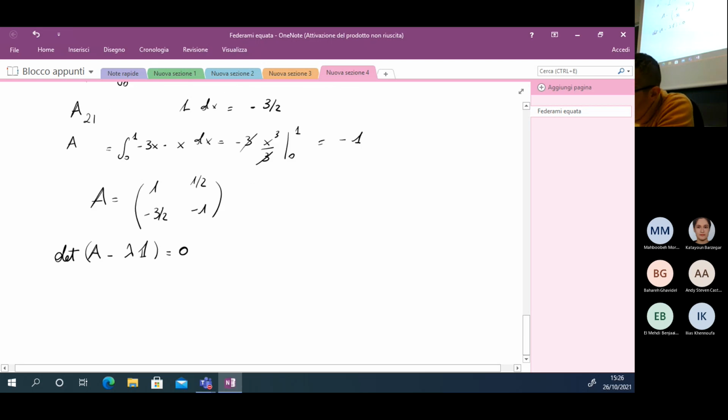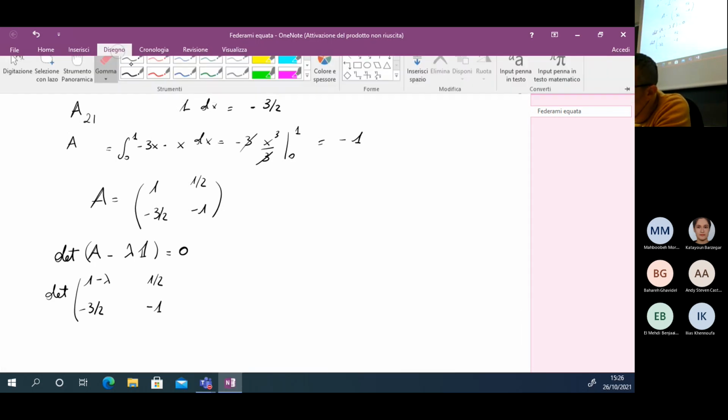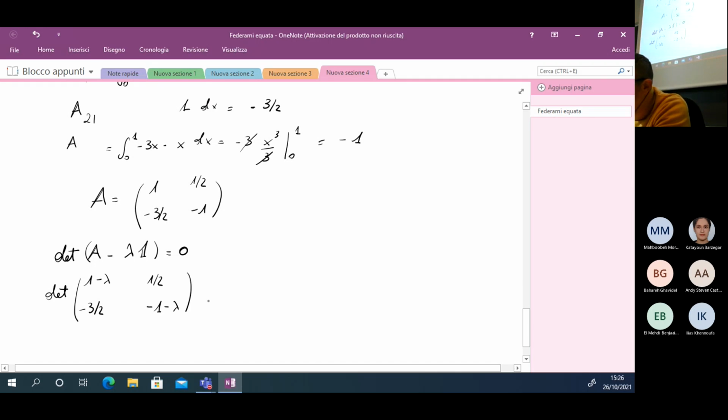So we have to solve the determinant of A, which is 1/2, minus 3 over 2, minus 1, minus lambda times the identity. So I have a minus lambda here and a minus lambda here. This determinant is easy because it's 1 minus lambda times minus 1 minus lambda, minus 1/2 times minus 3/2.